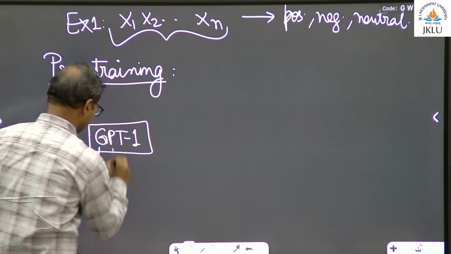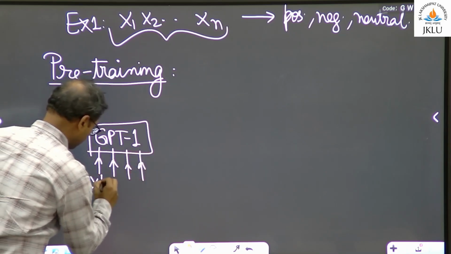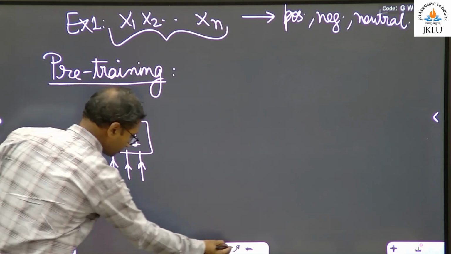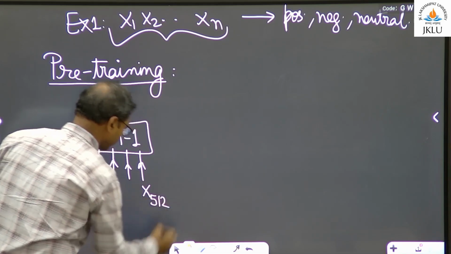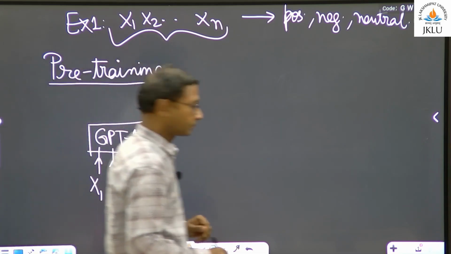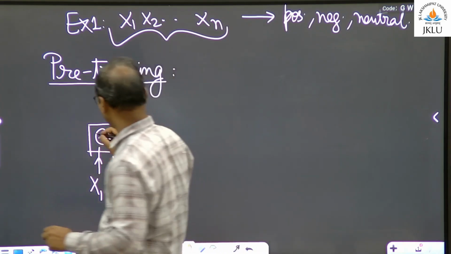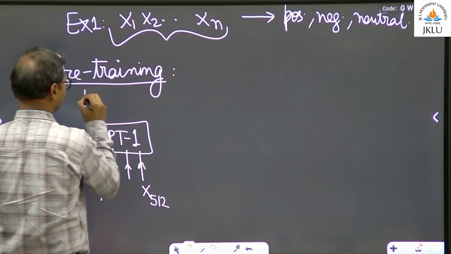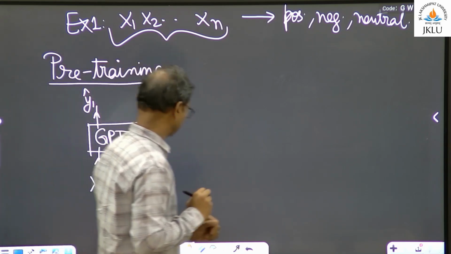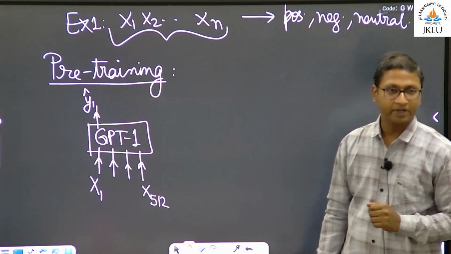So you give inputs here, x1 to x512. What comes out here? So this is my y1 hat. What should be y1 hat?